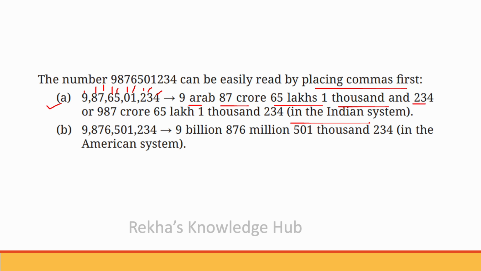Or 987 crore 65 lakh 1234. You can combine the Arab and crores. So 987 crore 65 lakh 1234. Then in the American system, you put commas after every 3 digits from the right, like this.